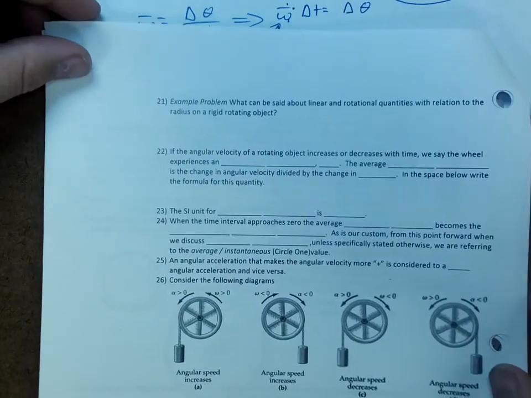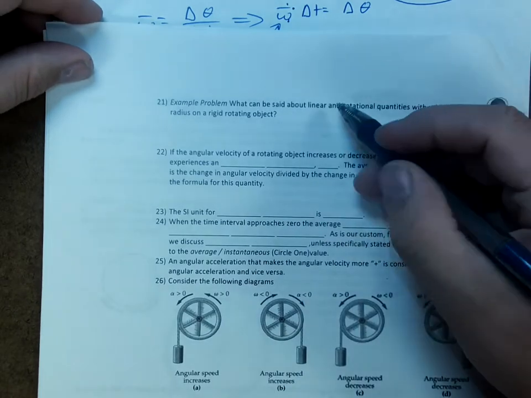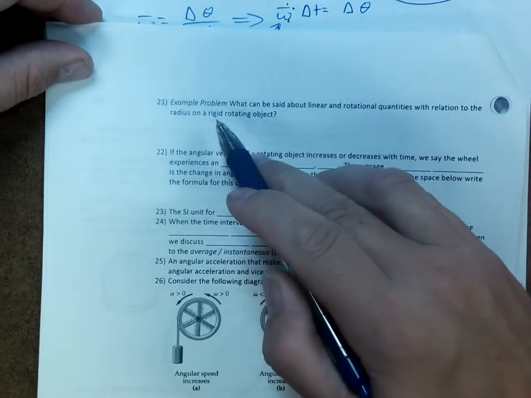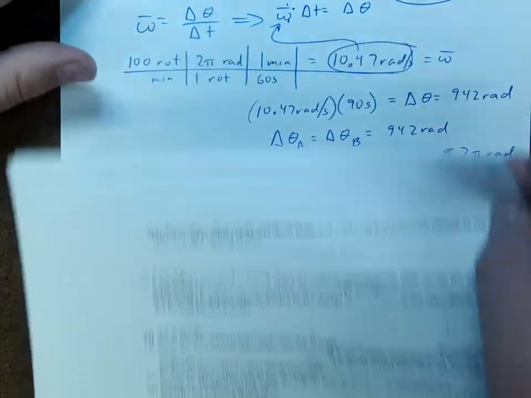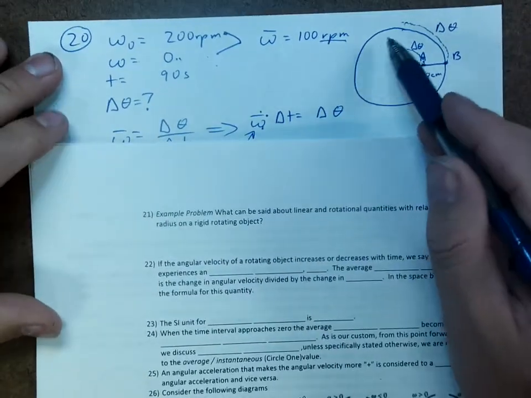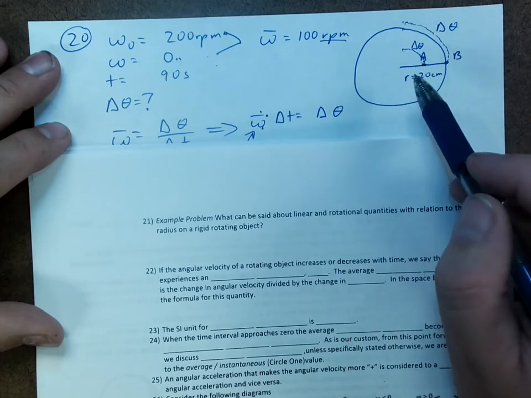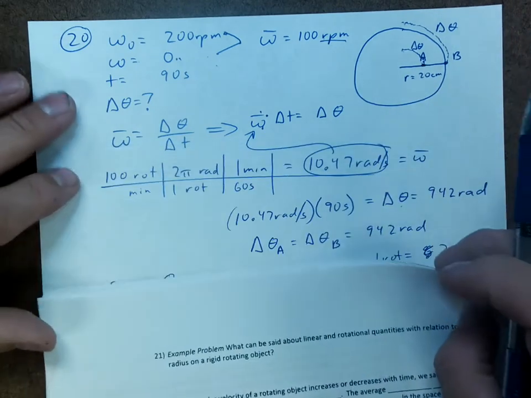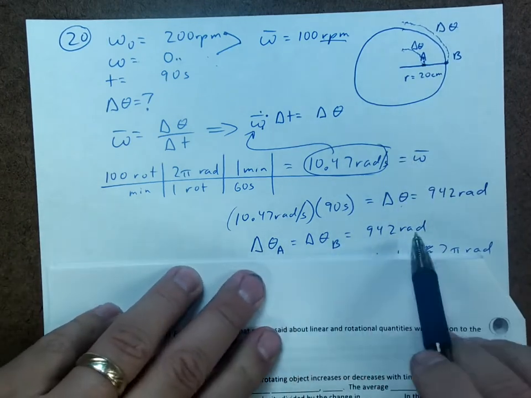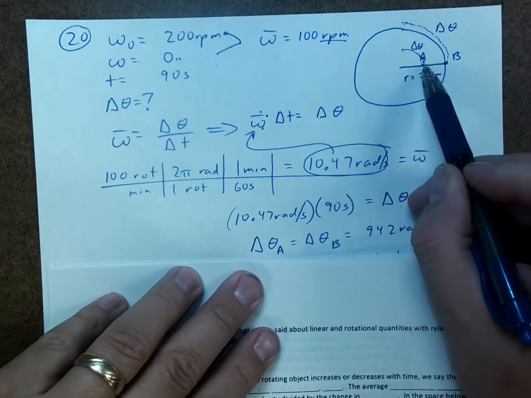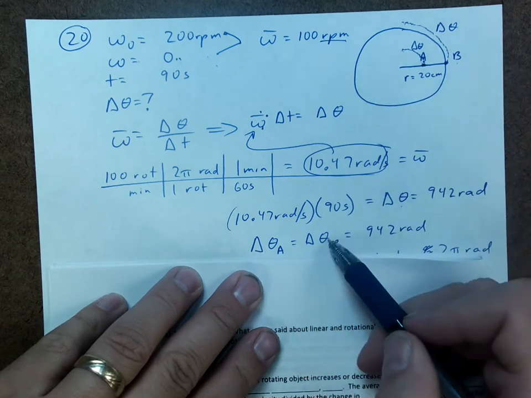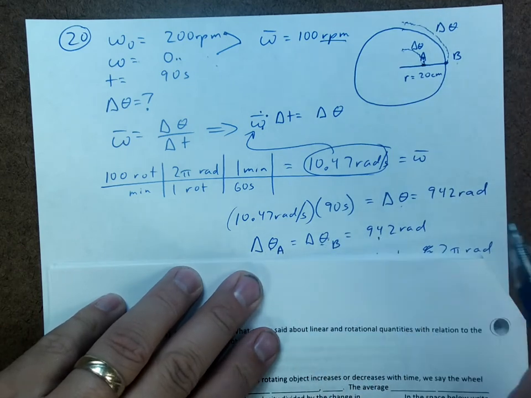So if we turn the page, example 31 asks, what can be said about linear and rotational quantities with relation to the radius on a rigid rotating object? Guys, that is what we had in the previous problem. This was a rigid rotating object, a grinding wheel, and the rotational quantity we looked at was the angular displacement. And what we found was that no matter how far you are away from the center, no matter what the radius is to the point, the angular quantities had the same value.